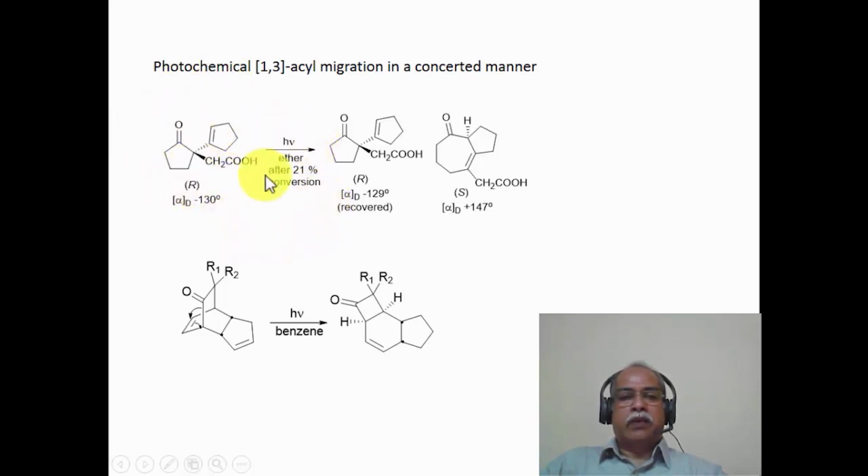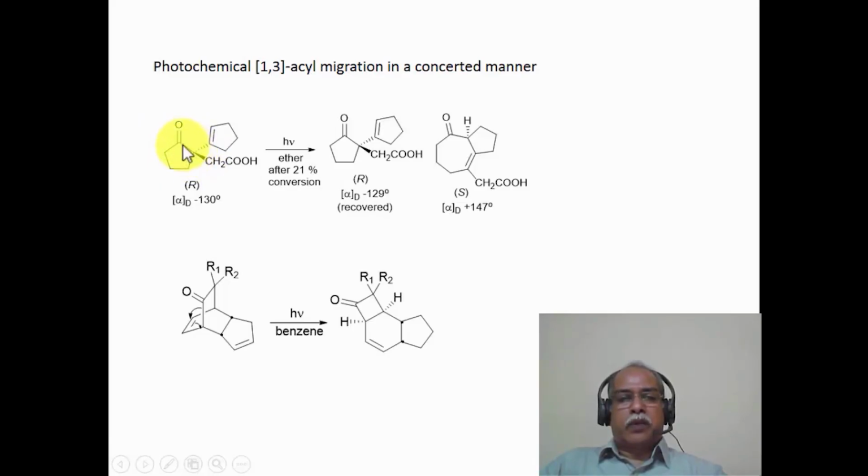So when the reaction is carried out at a very low conversion of 21%, the starting material that is recovered had essentially the same optical rotation as the starting material originally taken. In other words, the starting material does not undergo racemization by a simple carbon-carbon bond cleavage. You can imagine this carbon-carbon bond being broken to give an acyl radical by an alpha fragmentation, which is a Norrish type I process.